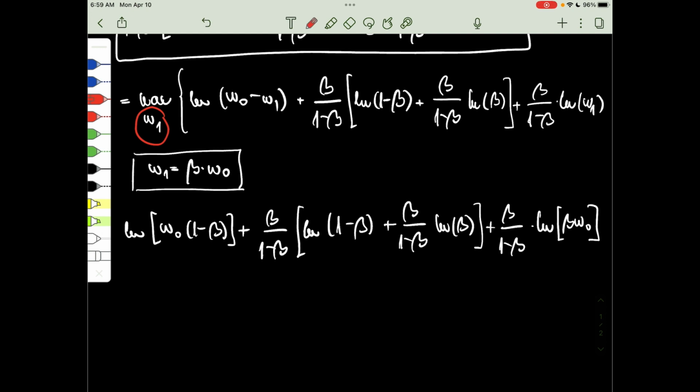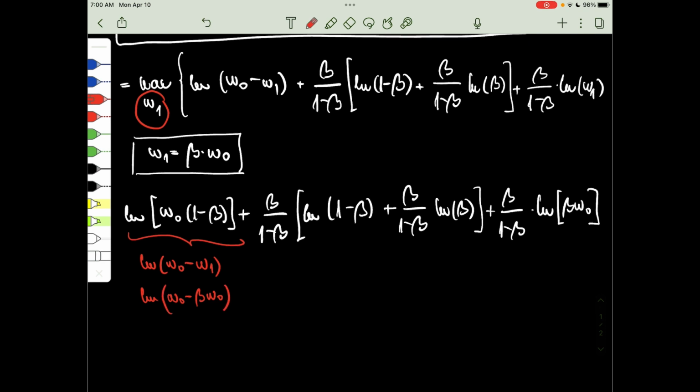So this is just to be on the safe side. Okay, I don't need this bracket.